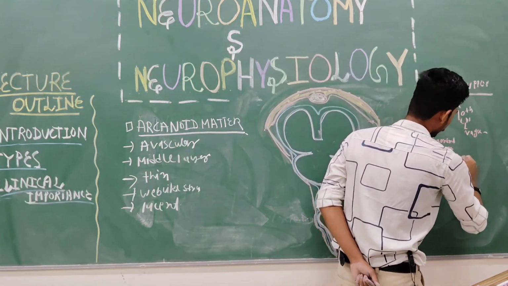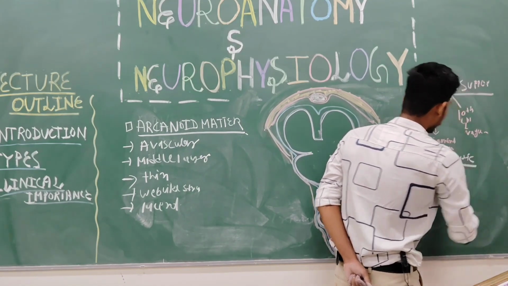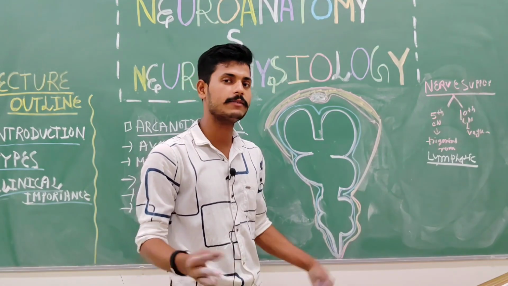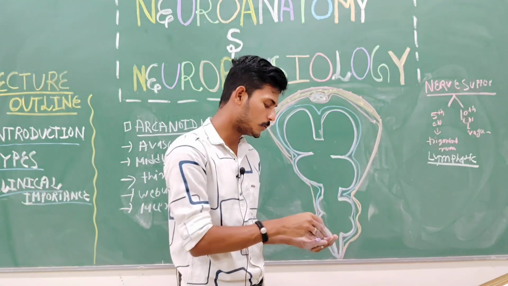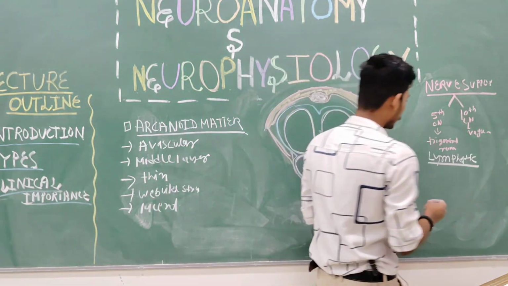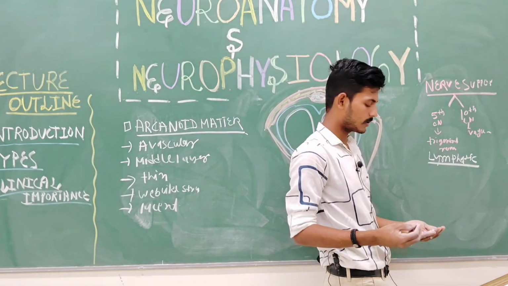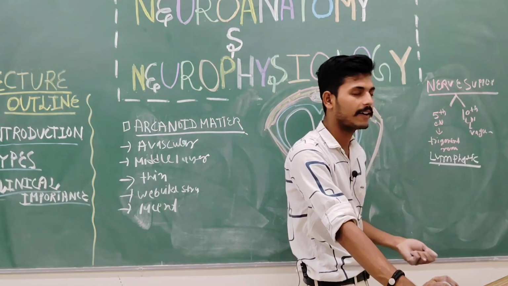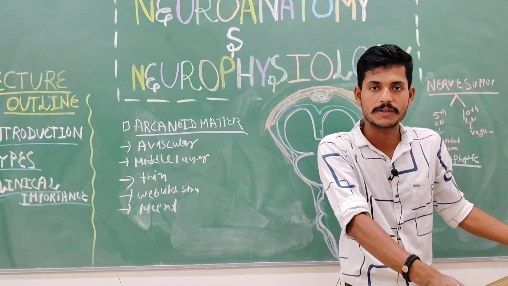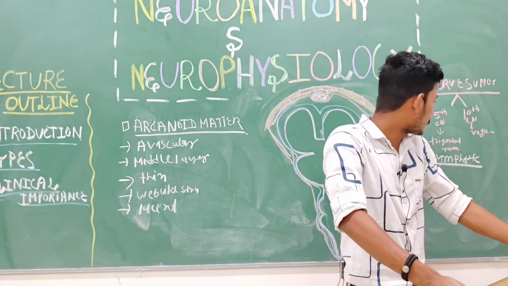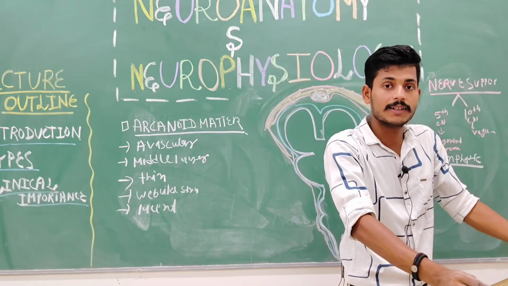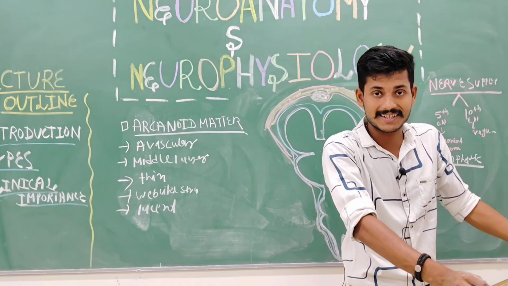Now about the meninges, lymphatics. Initially it was thought that the brain, or we can say the central nervous system, is free from lymphatics, but recently in 2015 scientists discovered that there is a good lymphatic system in the central nervous system, which helps the central nervous system to clear its garbage, or its excretory materials.